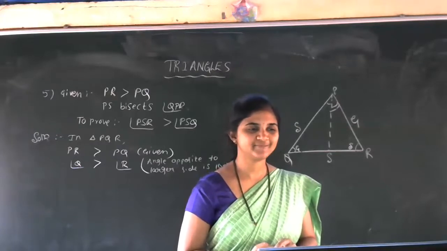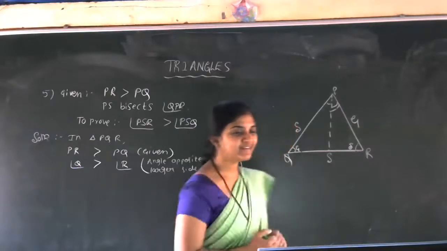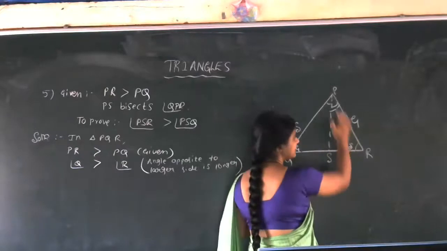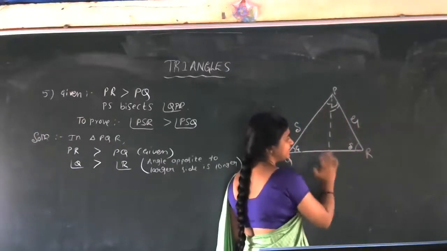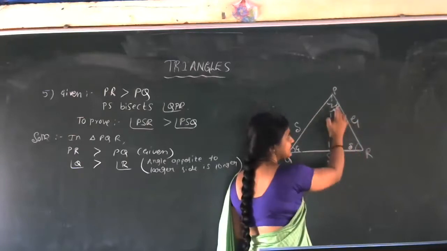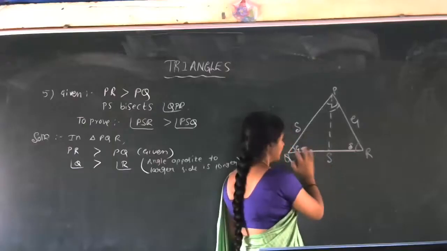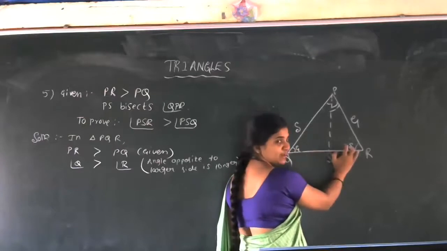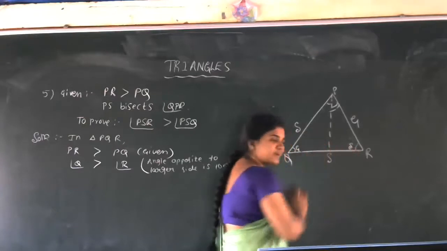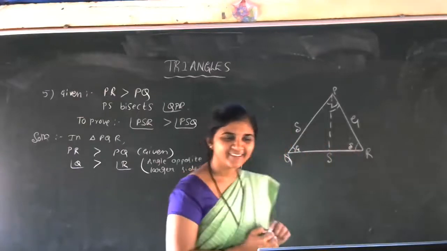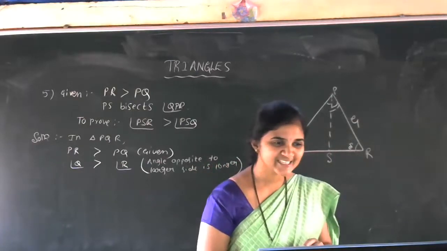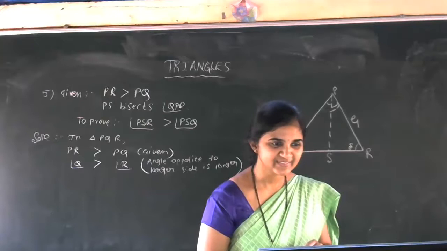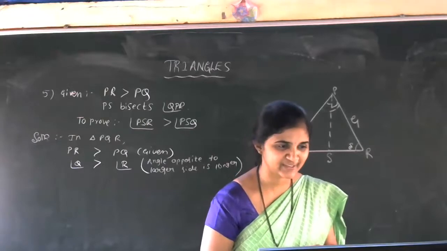Very simple. Now look here, this is one triangle, this is also one triangle. This angle is equal to this one, this is greater, this is smaller, and what about the third pair of angles? Now which concept do we have to take?